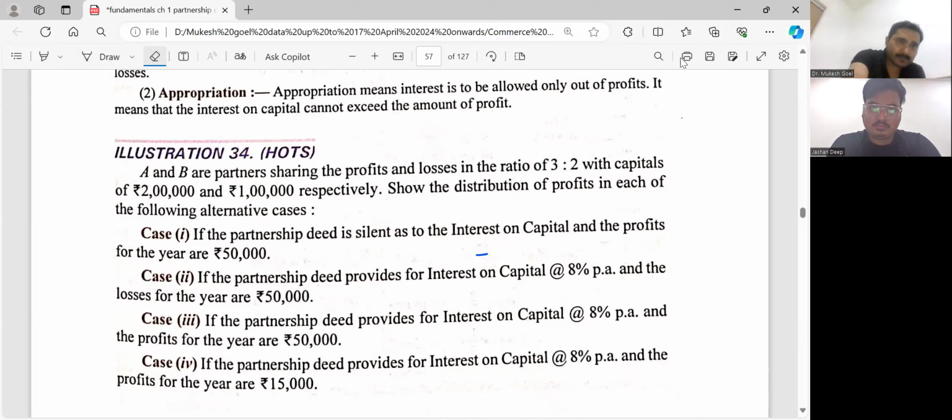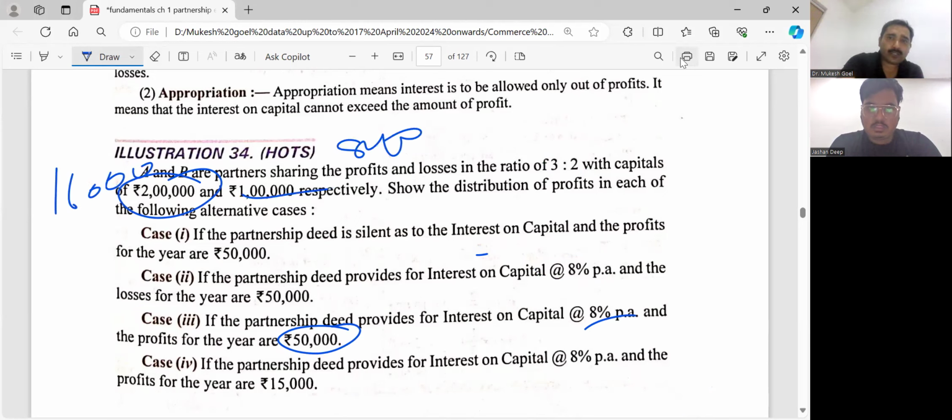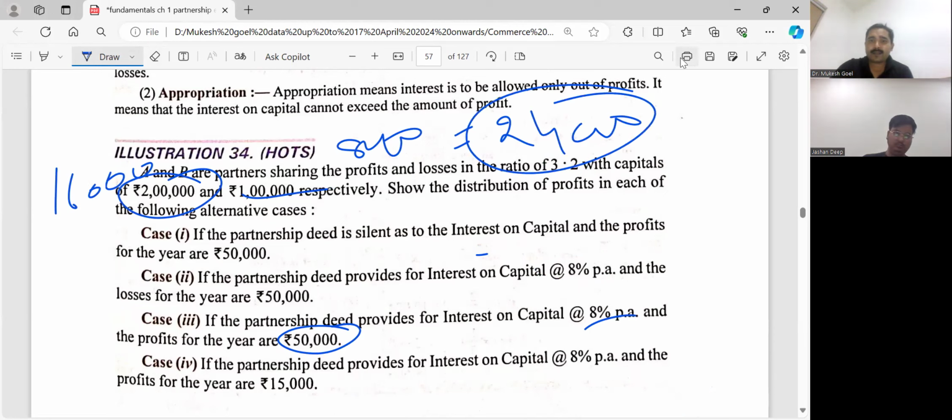Next, third case: if the partnership deed provides interest on capital at 8% per annum and profit is 50,000. A's interest is 16,000, B's interest is 8,000, total interest 24,000, and the amount of profit is 50,000.